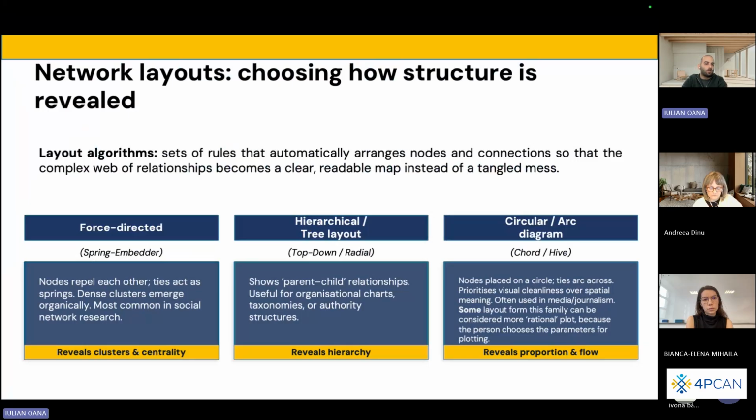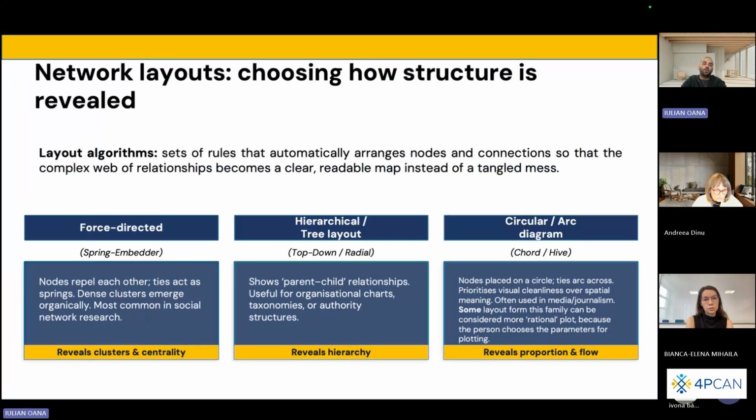And what are these layout algorithms? They are, simply put, a set of rules which will automatically place the nodes and the connections between the nodes to create a sort of readable map.